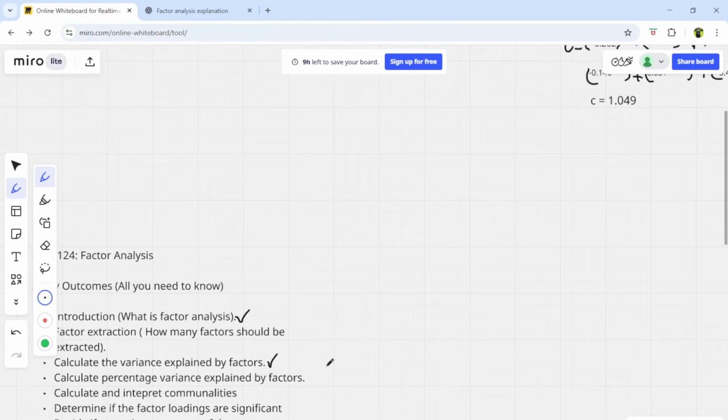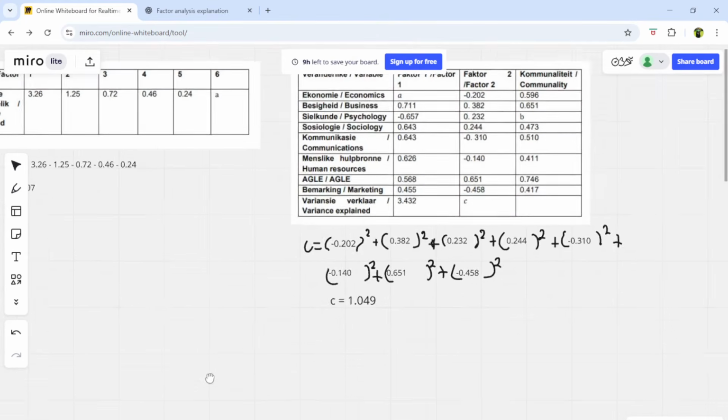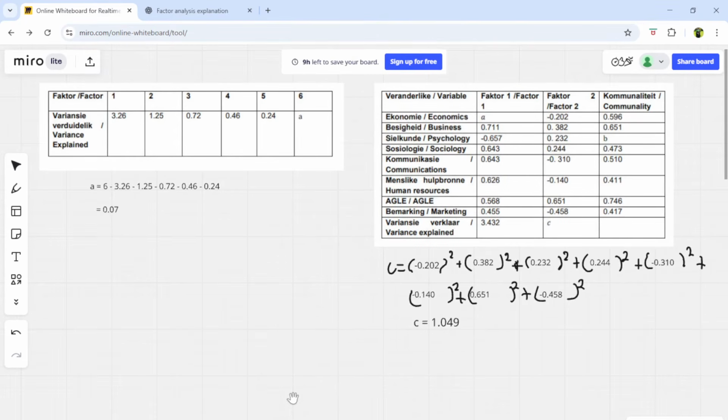All right, so now, calculate the percentage variance explained by factors. The reason why I did this before going here is this is built from this. So percentage variance explained is basically variance explained divided by the number of factors and then multiplied by 100. For example, let's say they say calculate the percentage variance explained by factor 1.